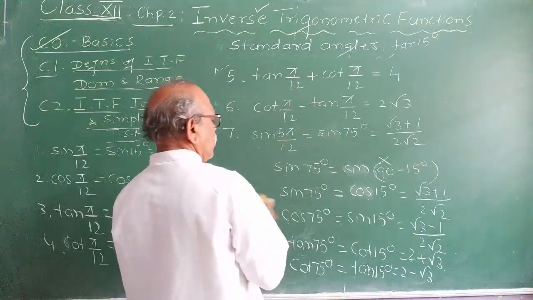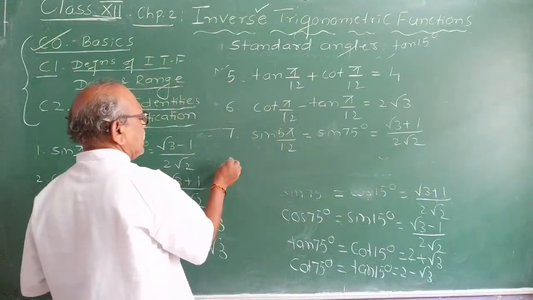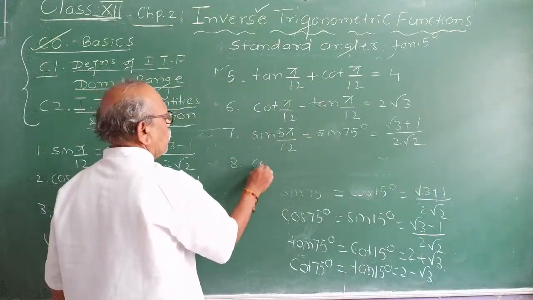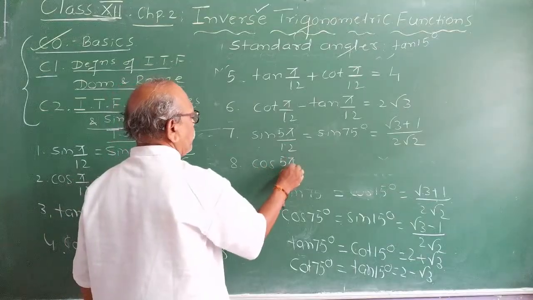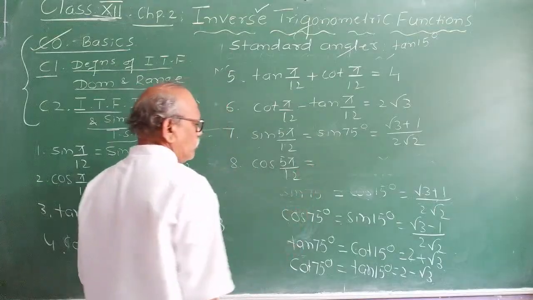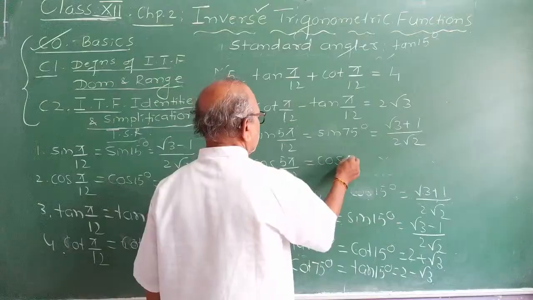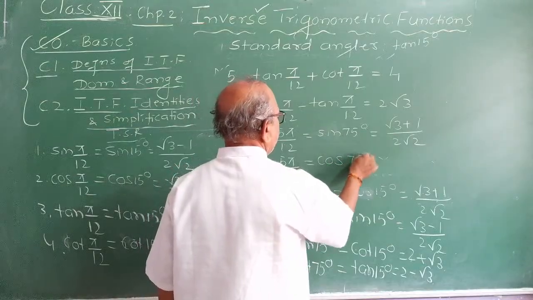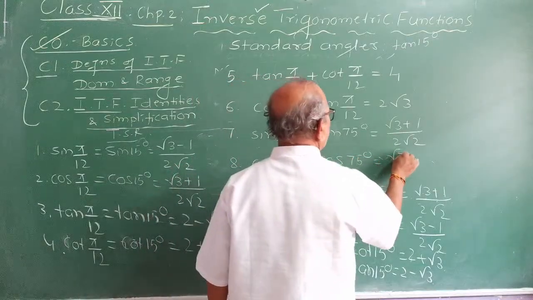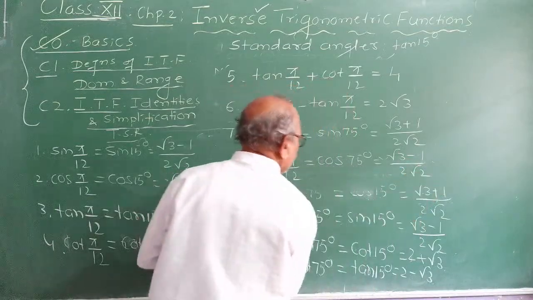Co-ratio, complementary angles. Similarly, you can continue. Eighth result in it, cos 5 pi by 12, or cos 75 degree, is equal to root 3 minus 1 upon 2 root 2. You can continue similarly for tan.